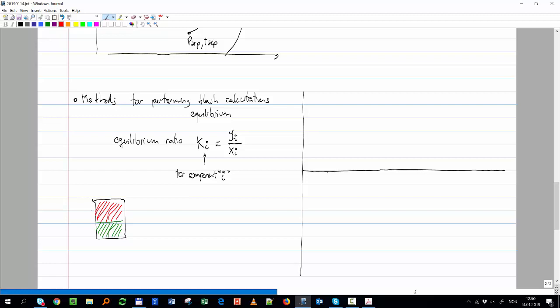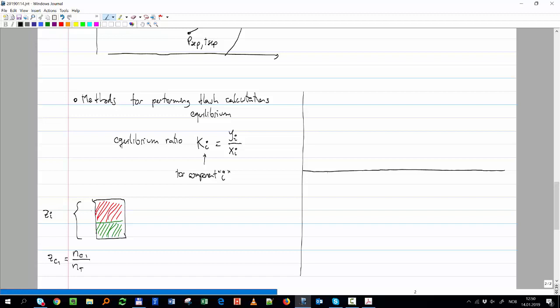I know this container has a composition, for which we usually use the letter Zi, the overall mole fraction. Let's say for methane, Z of C1 will be the number of moles of C1 divided by the total number of moles in the whole container, looking at the container as a whole.